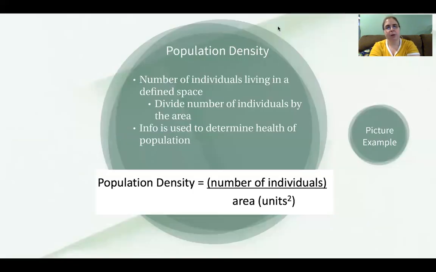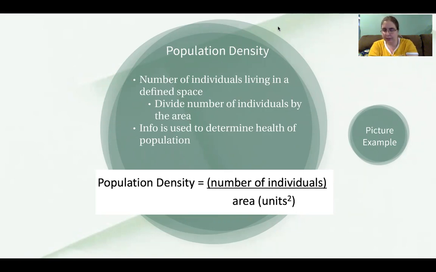So let's talk first about population density. So as we said, this is the number of individuals living in a defined space. So in other words, how many individuals are there in that population within their geographic distribution, within their territory? And we find this out by dividing the number of individuals by the size of the area.